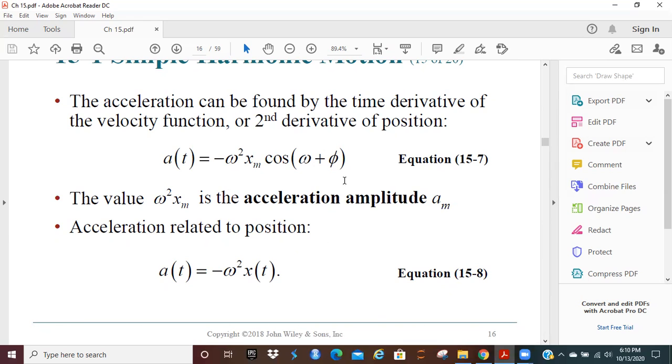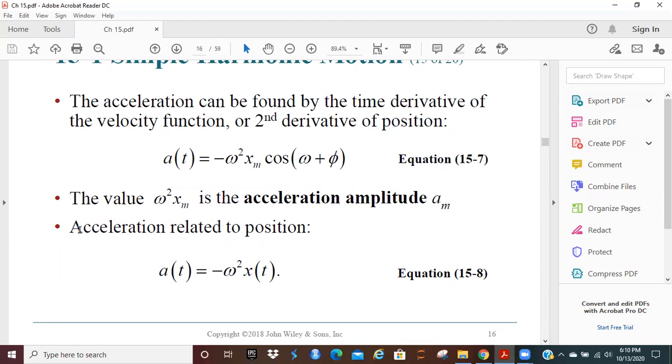This value is going to be called the acceleration amplitude. So you can see the position amplitude was x sub m, the velocity amplitude was omega times x sub m, and the acceleration amplitude is going to be omega squared times x sub m. And it all comes from taking the derivative of a trigonometric function where you're also taking the derivative of the argument inside, and that gets put out in the front.